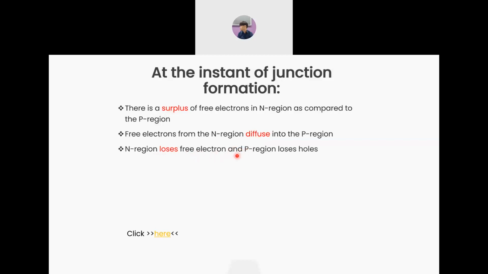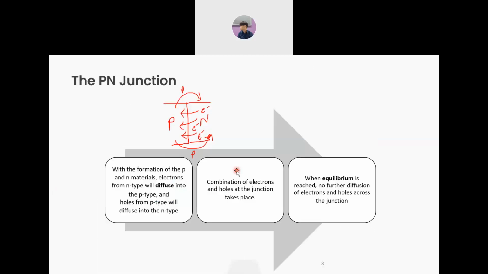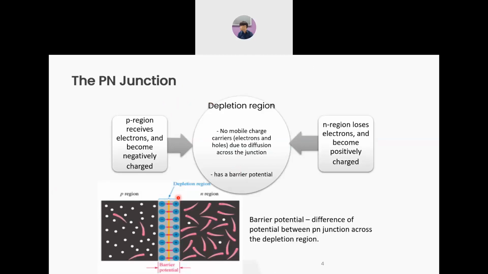At the same time, p region will also lose hole because the hole is moving towards the n region. A pair of ions is formed near the junction. This pair of ions is described by this photo. You see here, this is a pair of ions, negative and positive. So a pair of ions is formed at the junction.